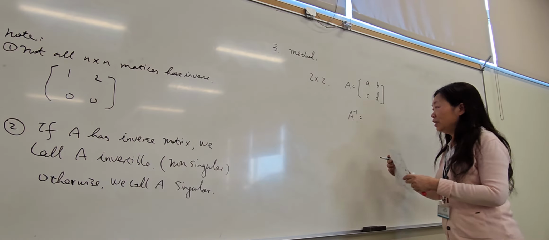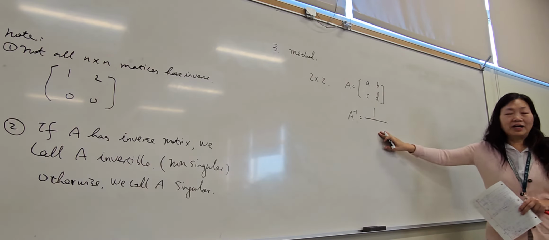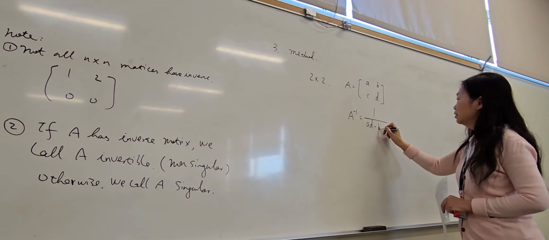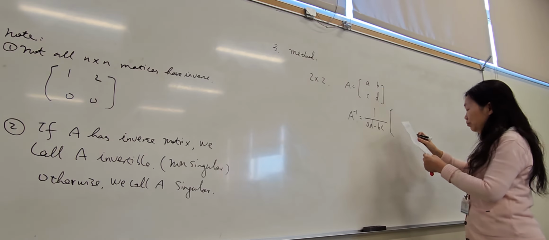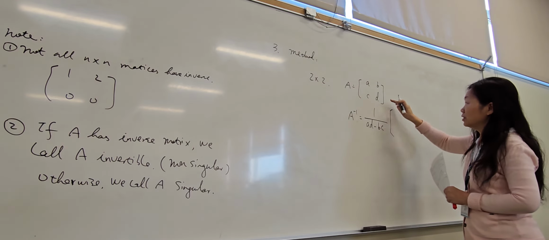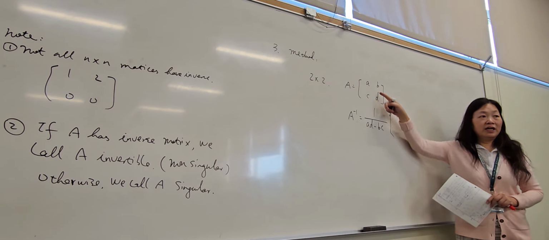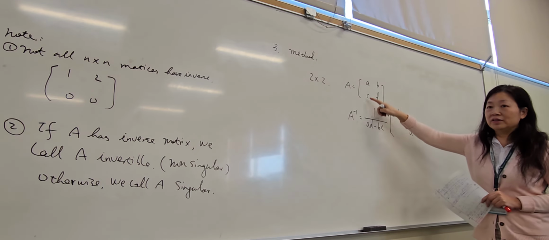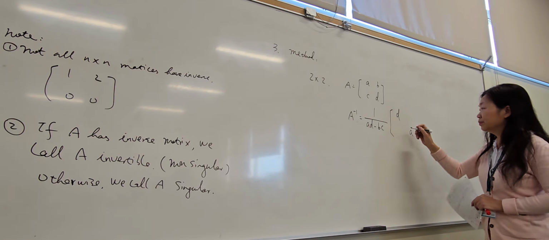So A inverse equals 1 over the determinant, ad minus bc, times the matrix where you switch these 2 numbers, a and d on the main diagonal, and then negate the other 2, b and c.